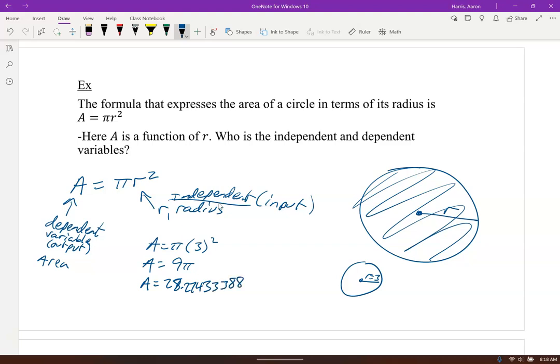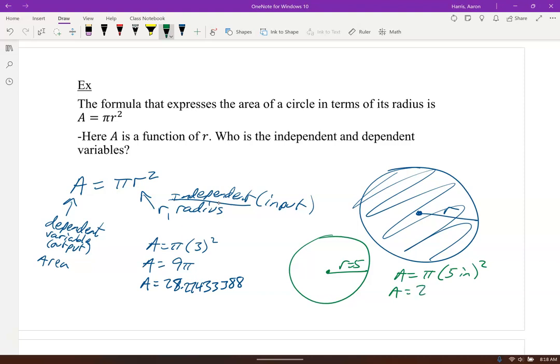Now, that's the area, right? That's how much, if we were to color that in, how many square inches that would be. Now, if our radius was instead of 3 inches a little bigger, let's say 5 inches, now our area is pi times the radius squared. So we've got 5 times 5, we get 25 pi square inches.